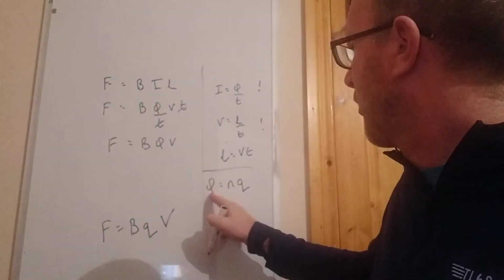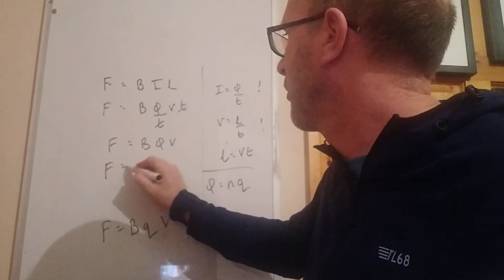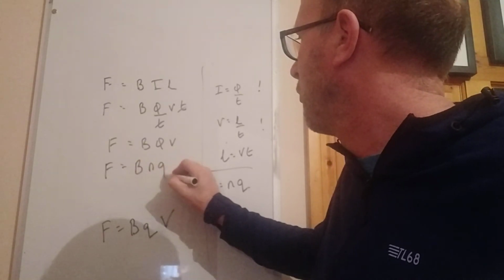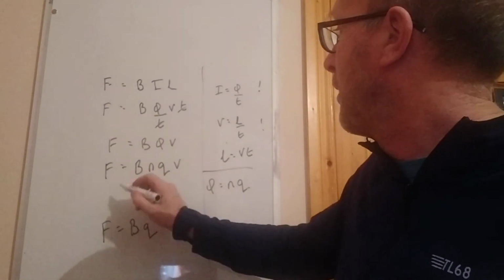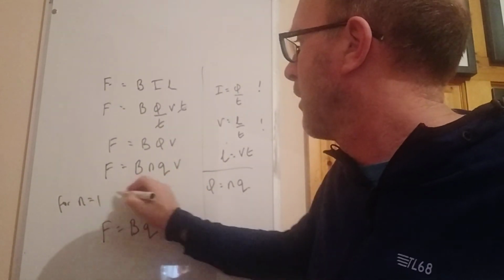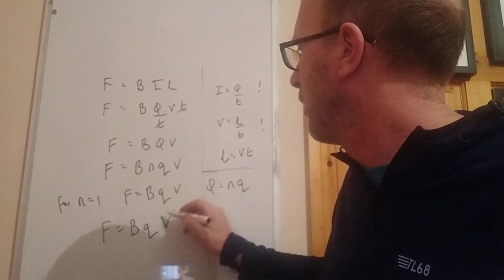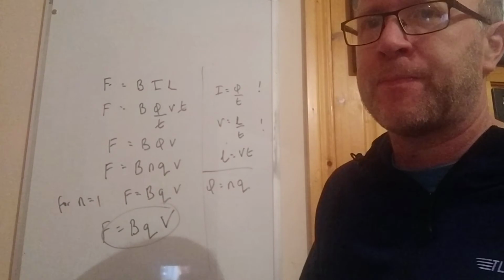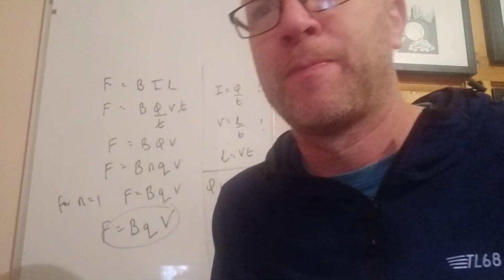So instead of Q, we can put in NQ, and we get F is equal to BNQV. We can do that earlier also. Then for N equal to 1, if we're talking about one charged particle, that becomes F is equal to BQV, which is what we were looking for. That's how you derive that one.